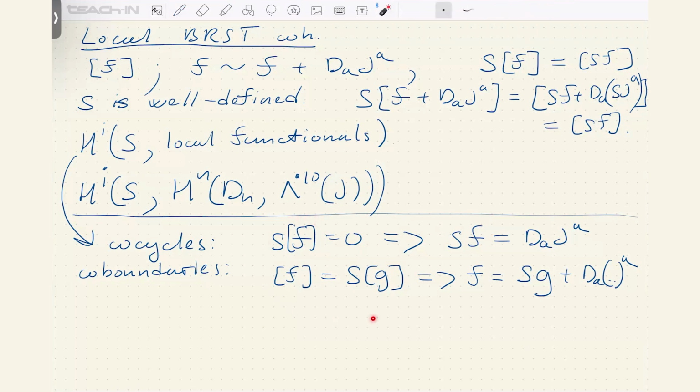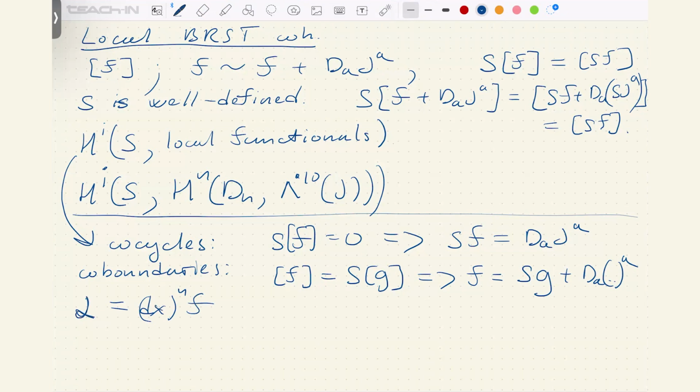This is just a definition of usual cohomology. So cocycles, coboundaries, the quotient space is cohomology. And in terms of differential forms, let's use a different letter, so as not to confuse: alpha is dx^n times f. So we switch to differential forms.